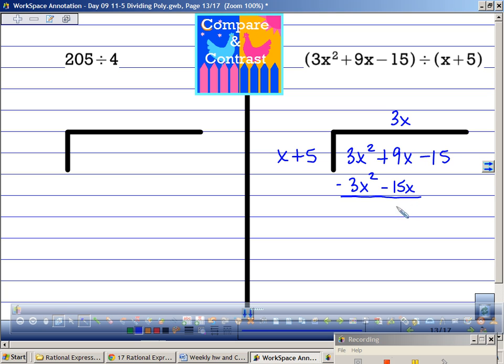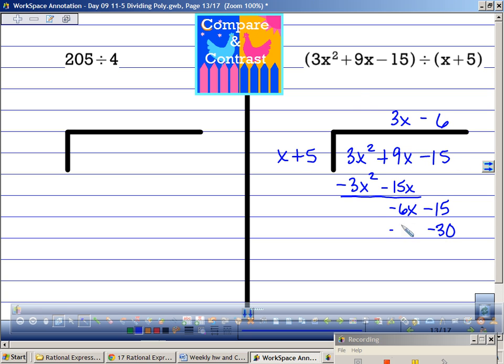So 9x minus 15x is how much? Negative 6x. Bring down the negative 15. X goes into negative 6x how many times? X times what makes negative 6x? Oh, wait. Negative 6. Negative 6 times 5 is negative 30.